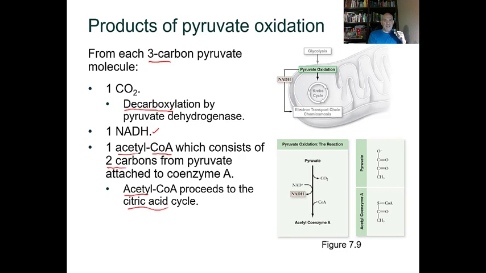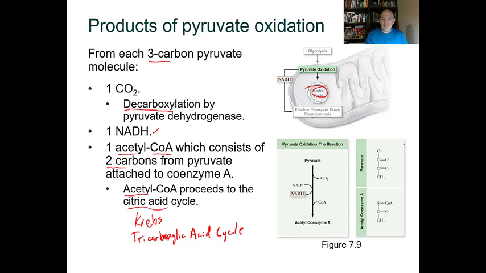The citric acid cycle is another name for the Krebs cycle, and we're going to break down the acetaldehyde further. It's also called the tricarboxylic acid cycle, because there's 3 main organic acids that are produced, including citric acid.